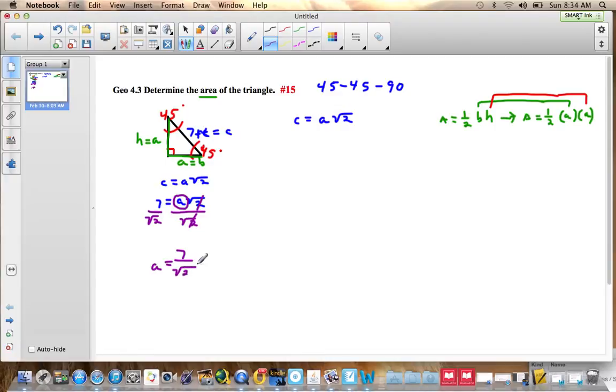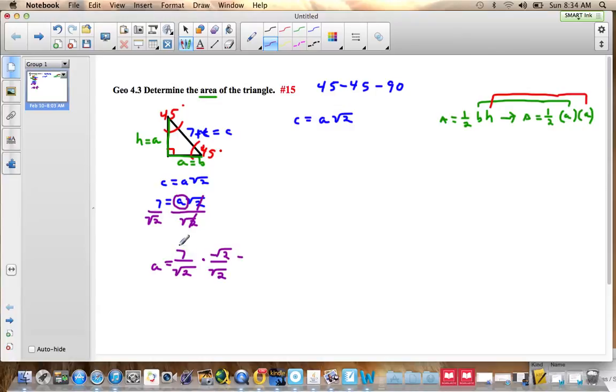But I have to keep in mind, I can never have a square root on the bottom. So now I'm going to use my form of 1. I'm going to say the square root of 2 over the square root of 2. And the reason this is the form of 1 is because these square roots, if I were to divide them into one another, they would equal 1.